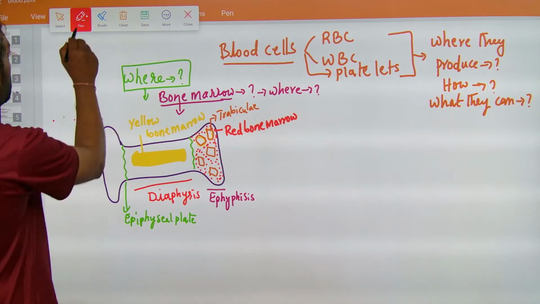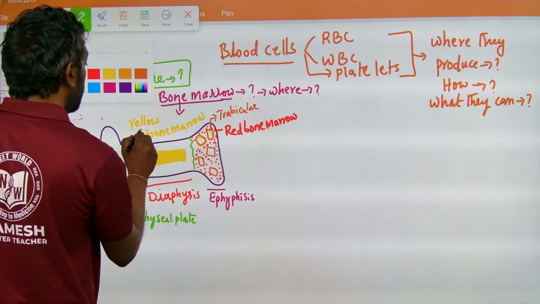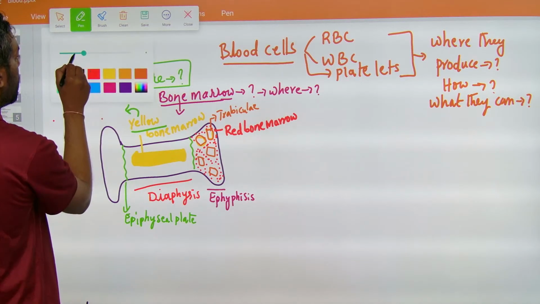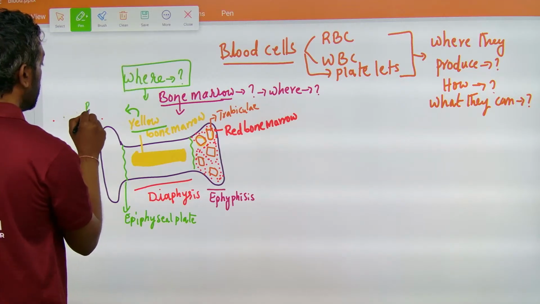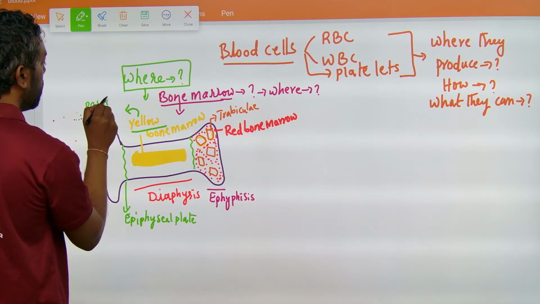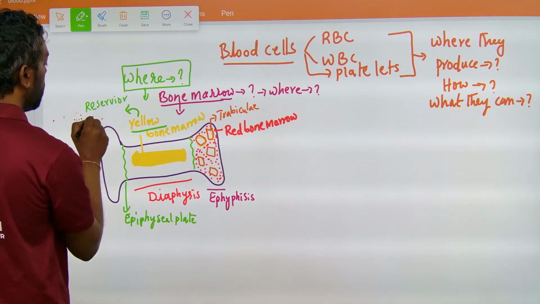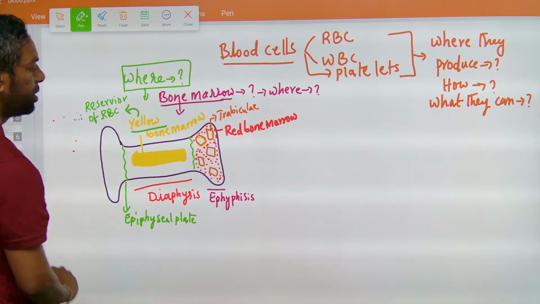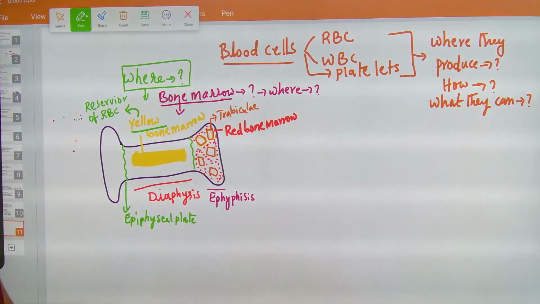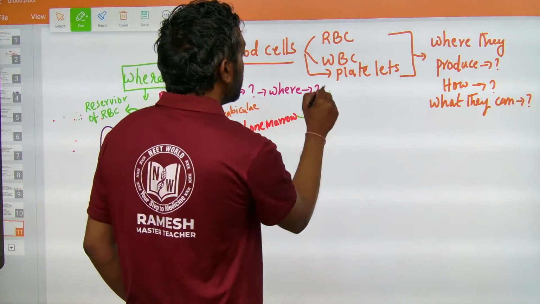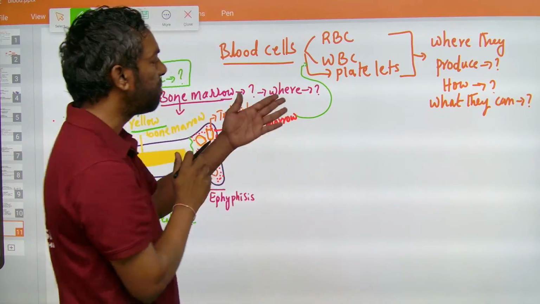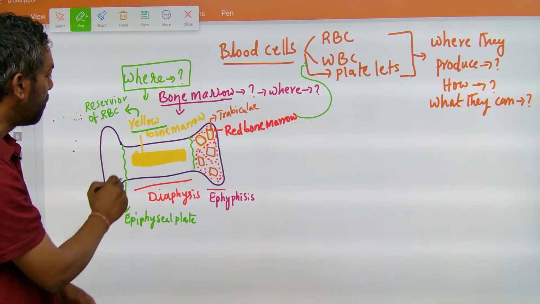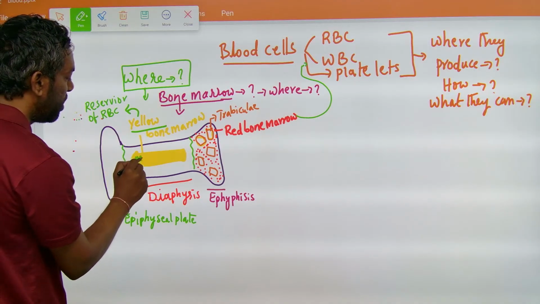This yellow bone marrow is a reservoir of RBC. The red bone marrow produces these three types of cells, guys. This is yellow bone marrow, and we can call it the medulla.